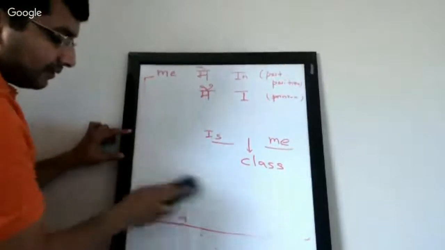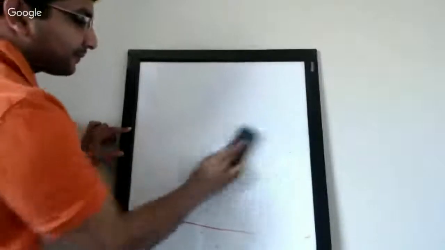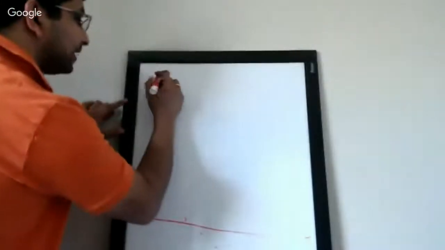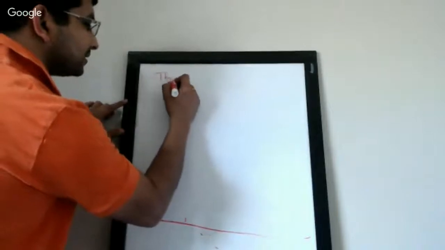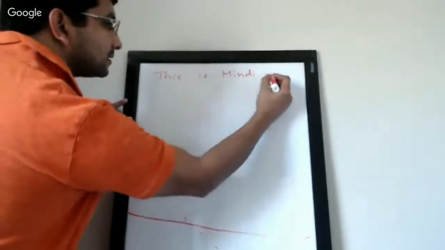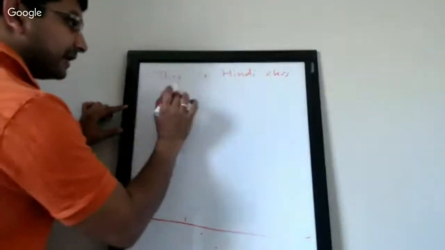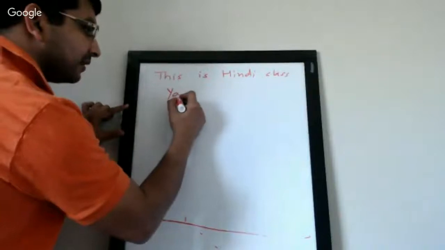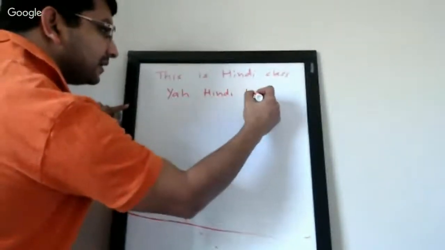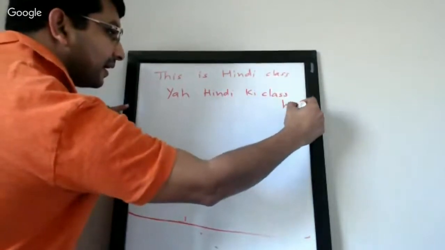Let me try to explain it again. If there's an object between, let's say the scenario is this is the class, right? There is no postposition here. Simple. You will say यह हिंदी की class है.